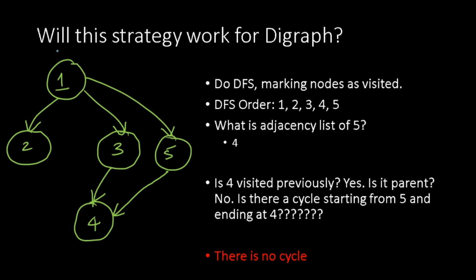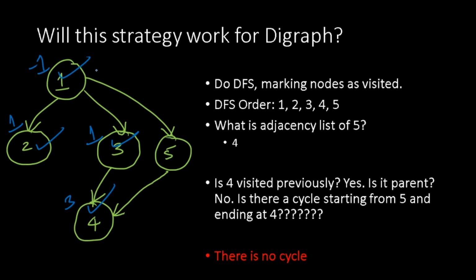So now we will check if this strategy works for a digraph. Let's do the same thing. We visit 1 and mark its parent as -1. We visit 2 and mark its parent as 1. We trace back to 1 again. From 1 we visit 3 and mark its parent as 1. From 3 we visit 4 and mark its parent as 3. Does 4 have any children?